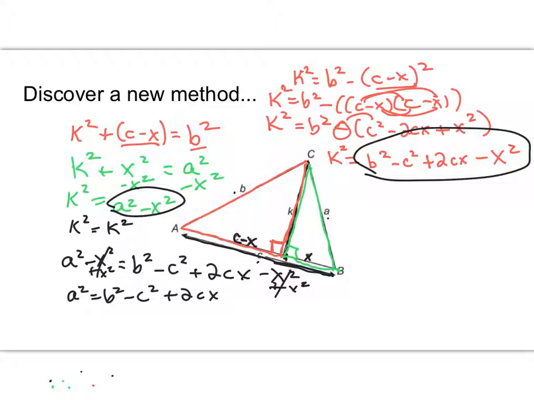Well, I feel like solving this for b squared. That means I have to add c squared to both sides. I'm actually going to move the b squared over here, and that's going to be a squared plus c squared minus 2cx.